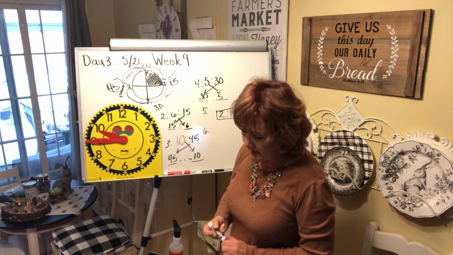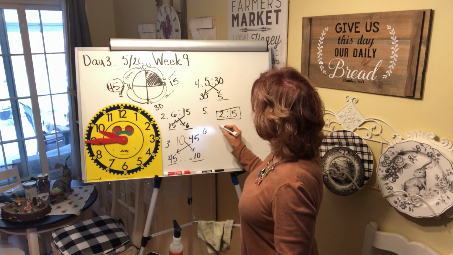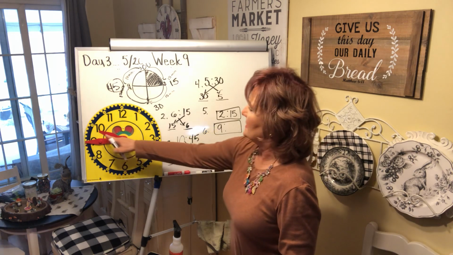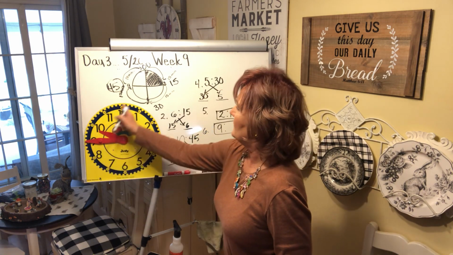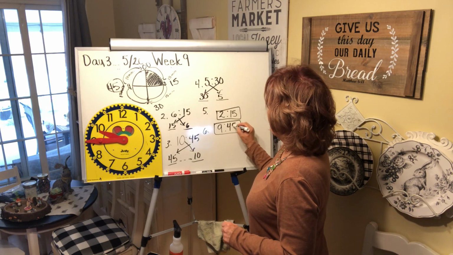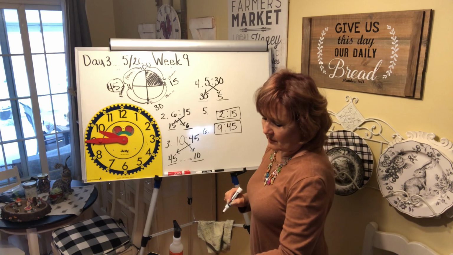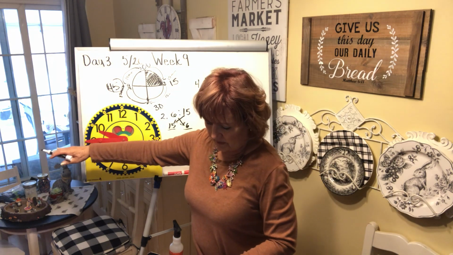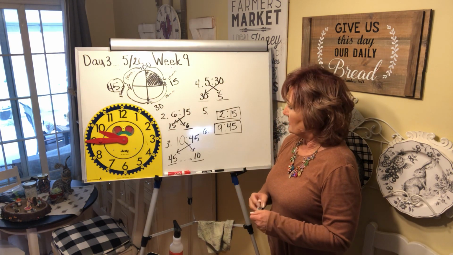Yep. So that's what it is. It would be 9 was our hour. And how many minutes is that when it's on the 9? 45. 15, 30, 45. 9:45, right? And go ahead and draw your minute hand all the way over to the 9. Make sure it's longer than the hour hand.